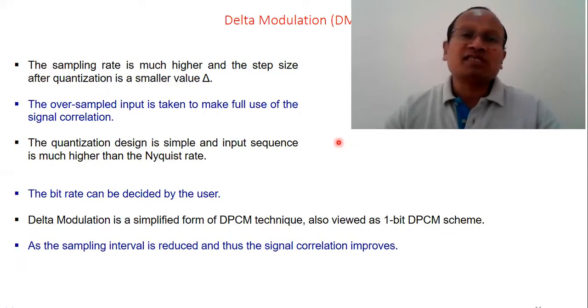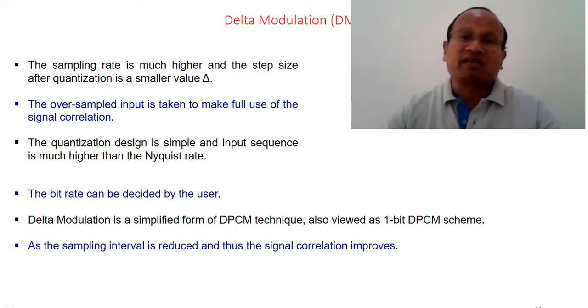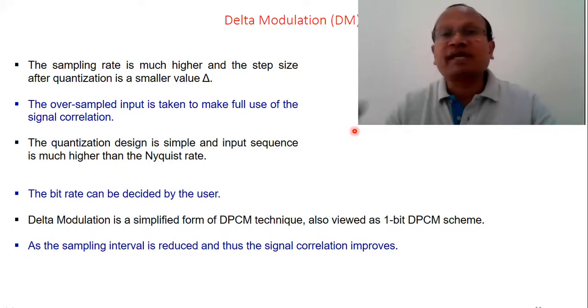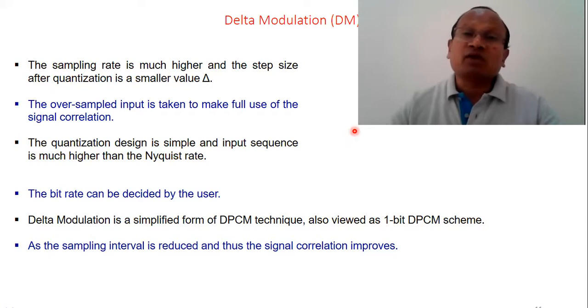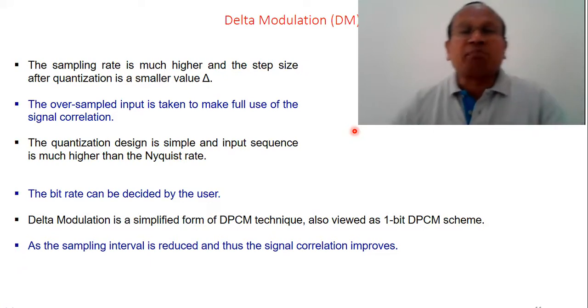The next one is delta modulation. The peculiar thing in delta modulation is that the sampling rate is very high. Whenever there is oversampled data, delta modulation is suitable. In oversampled data, the sampling rate is very high, so there are more and more samples.